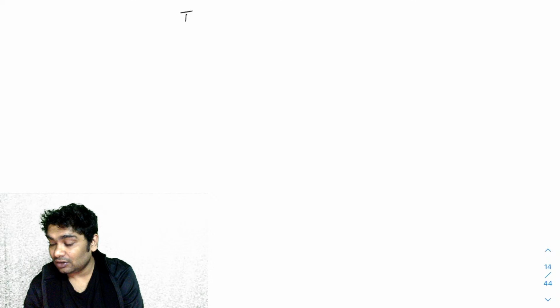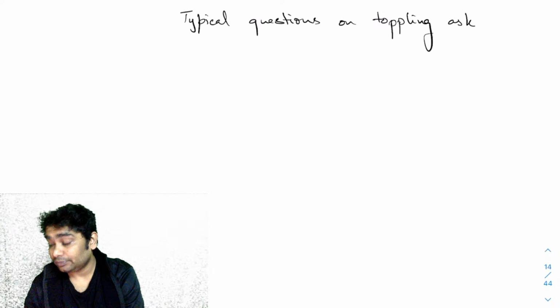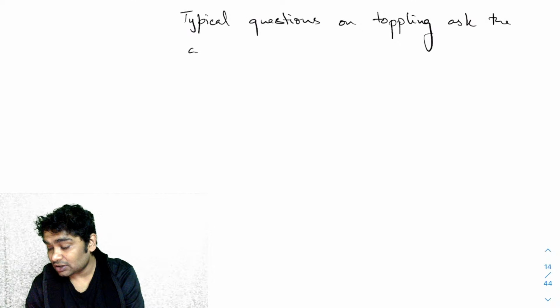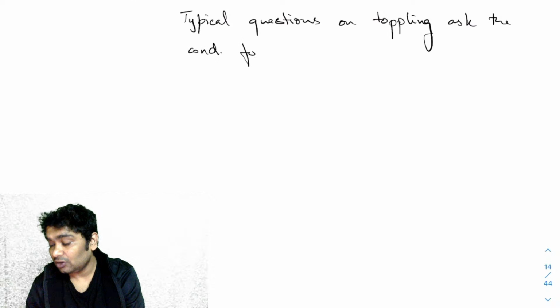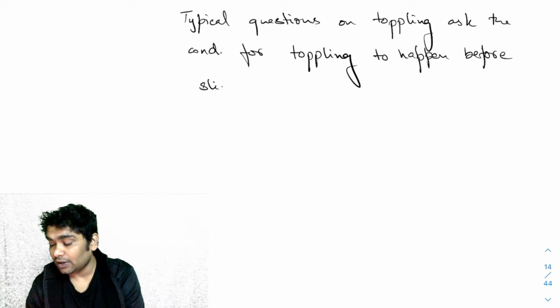So typical questions on toppling, what they do is ask the conditions for toppling to happen before slipping, and vice versa.